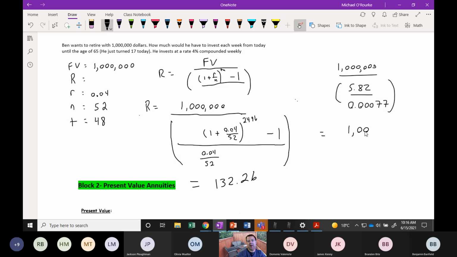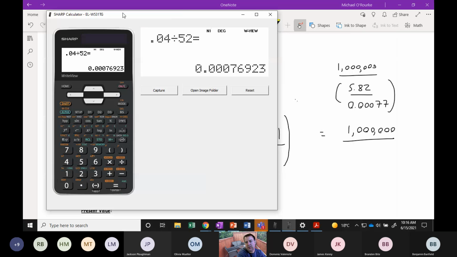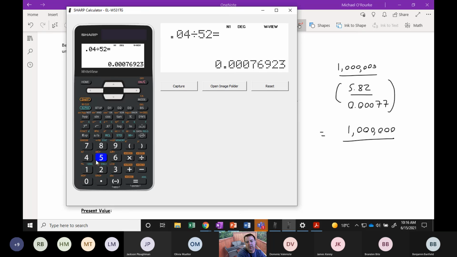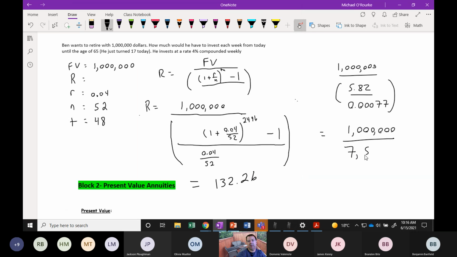And I still have my million up here. Now I'm going to go 5.82 divided by 0.00077, which is 7,558 approximately.